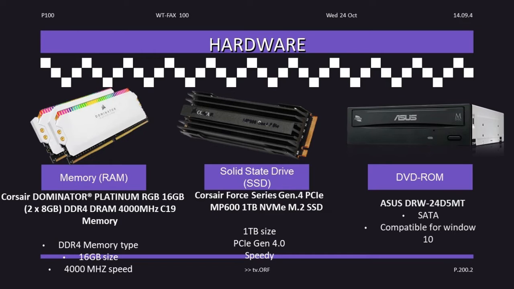It has the capacity of 1 TB and the SSD interface is PCIe Gen 4. It has the form factor of M.2 and it is a brand new technology which is fast and speedy.